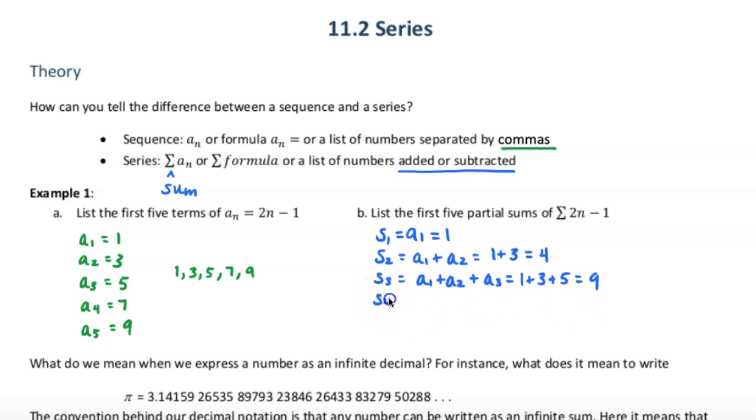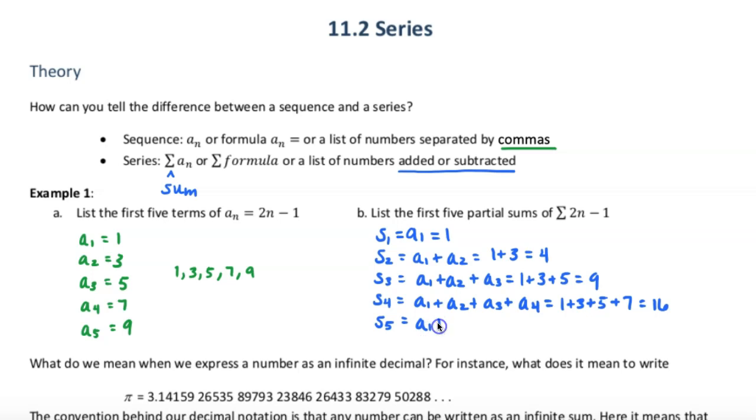Then we have S4, which is A1 plus A2 plus A3 plus A4, following this pattern. That's 1 plus 3 plus 5 plus 7. I'm really just taking 9 and adding 7, and that's 16. And finally S5, you might have noticed the pattern by now.